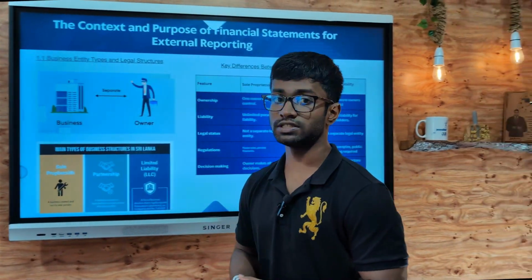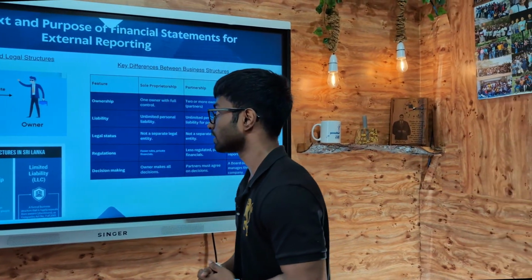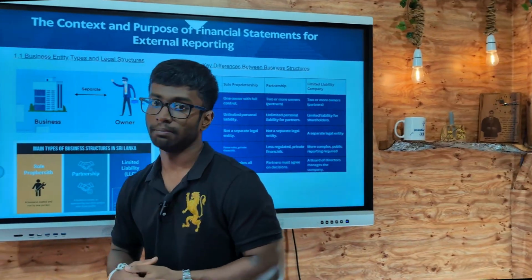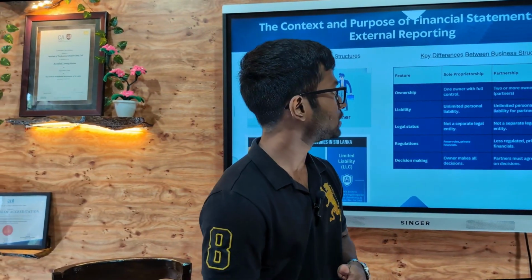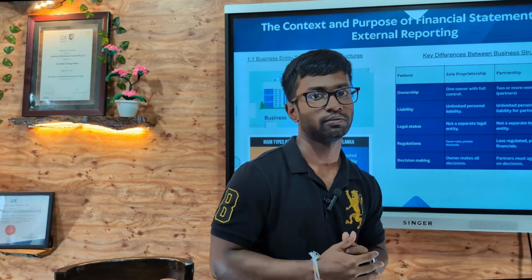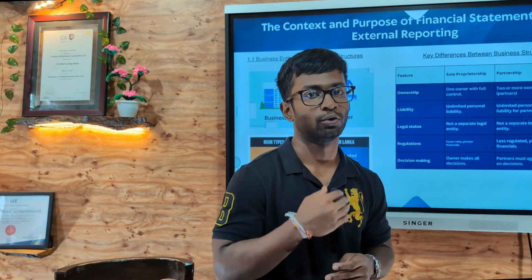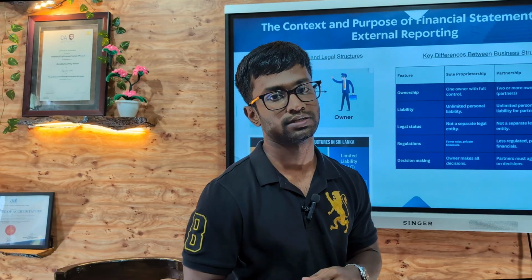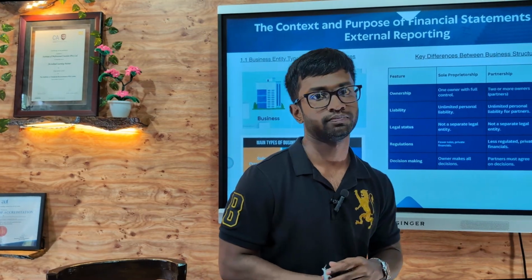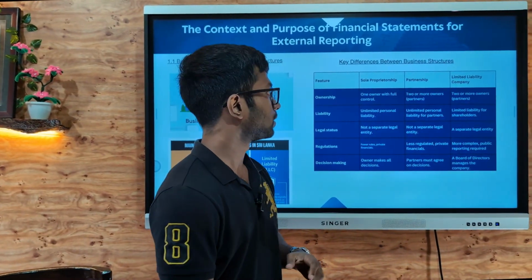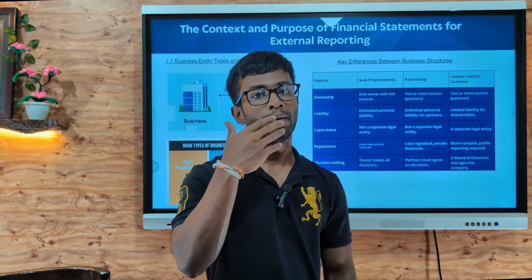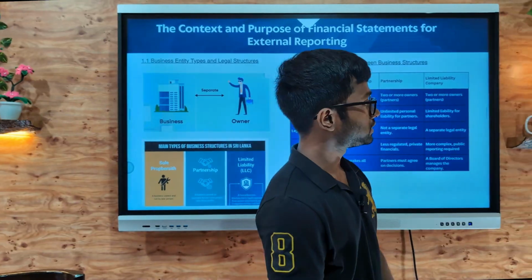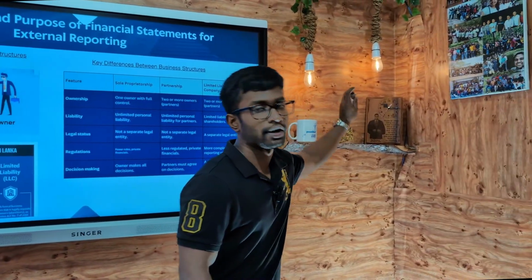So afterwards, what we will go through is the key differences between these business structures. We'll see what are the differences. Now, first, when it comes to ownership, okay, in a sole proprietorship, only a single person carries out business activities. As you all know, there's only one person. But when it comes to a partnership, two or more owners, you would have minimum of two, maximum of 20 owners.